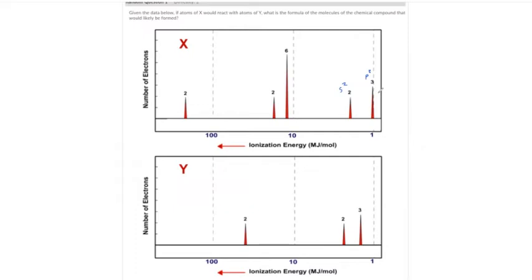Since we only have 5 electrons, that means we have 8 minus 5, or 3 vacancies in the valence shell. And the number of bonds commonly formed by an element is equal to the vacancies in the valence shell, or in this case, 3.